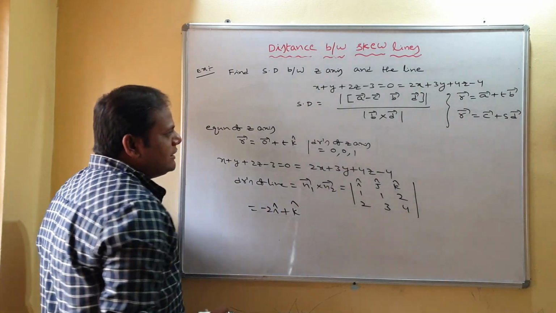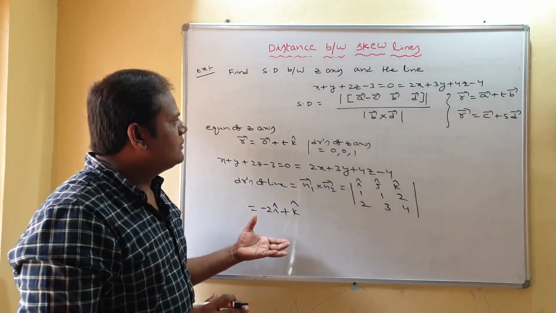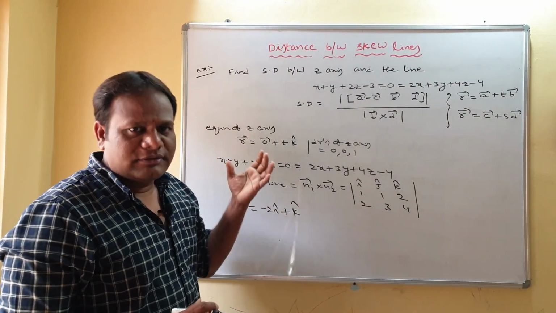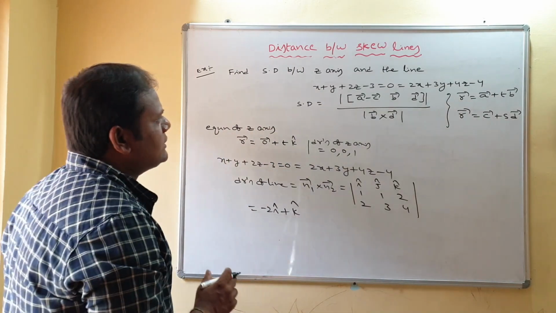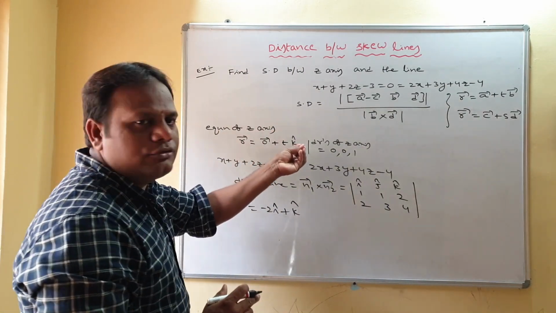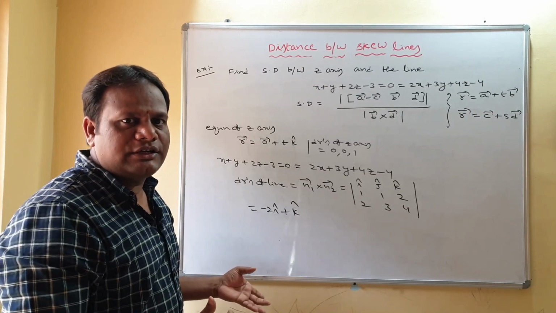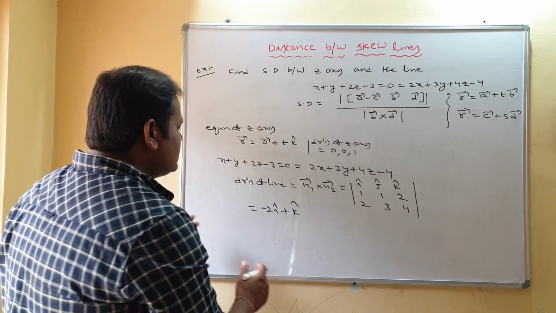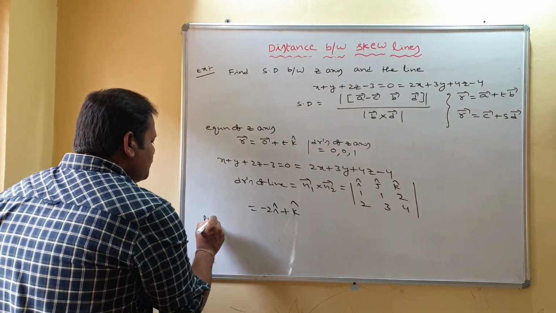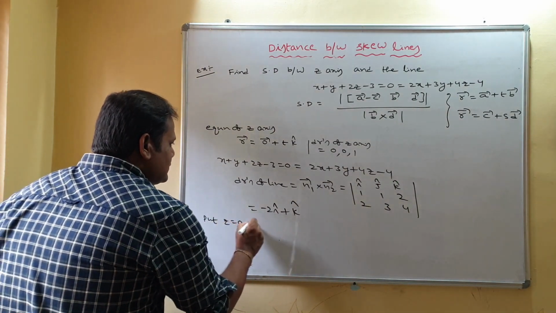After having the DRs, you have to find a point on the line. To get a point on the line, we put either z equal to 0, or y equal to 0, or x equal to 0. Here we put z equal to 0.